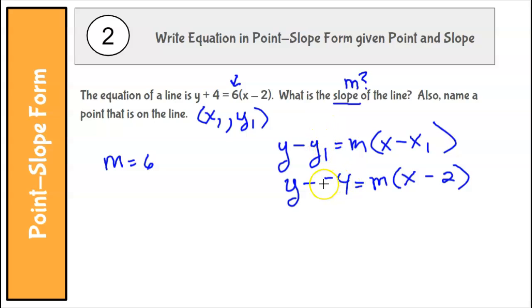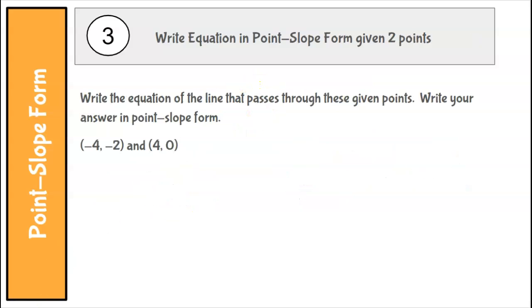I can see that y1 is actually a -4 and x1 is a +2. It's going to be the opposite sign of the one that is in the equation. So this is positive, so it'd be negative, and this is negative in the equation or minus, so it would be positive.